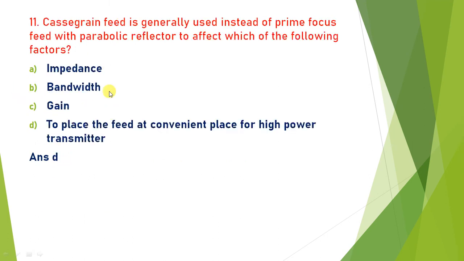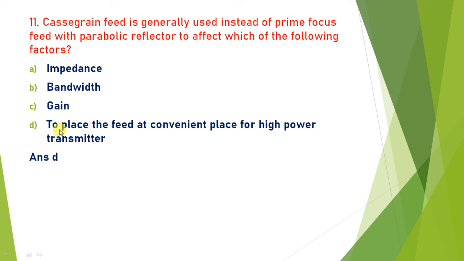Cassegrain feed is generally used with the prime focus feed of a parabolic reflector to affect which of the following factors? Generally a Cassegrain feed is used to place the feed at a convenient place for a high power transmitter. So the answer is D. This is one of the unique applications of the Cassegrain feed antenna in the parabolic reflector.